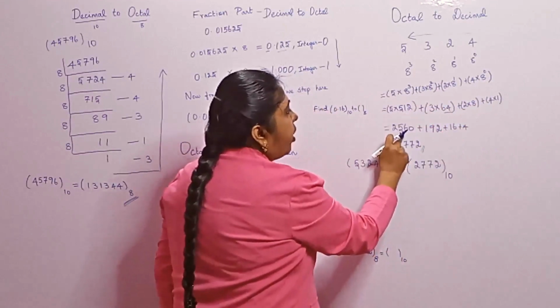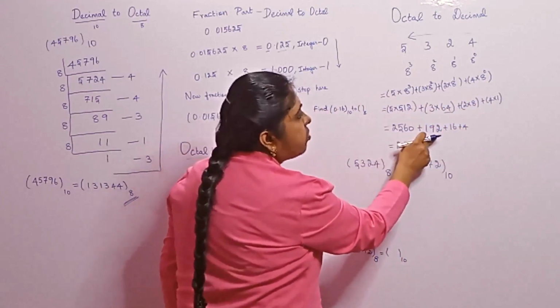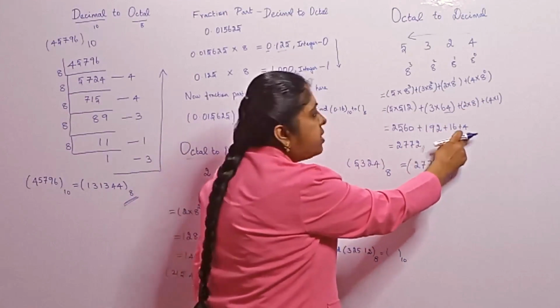So the sum arrives as 2560 plus 192 plus 16 plus 4.